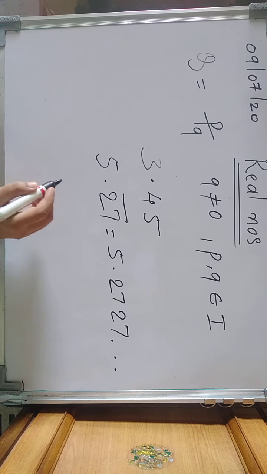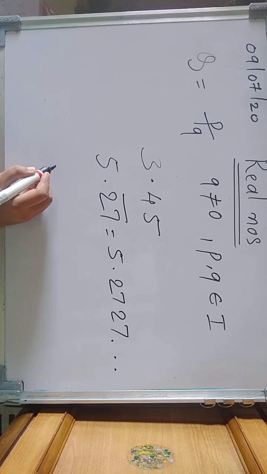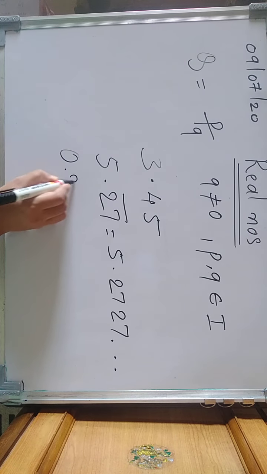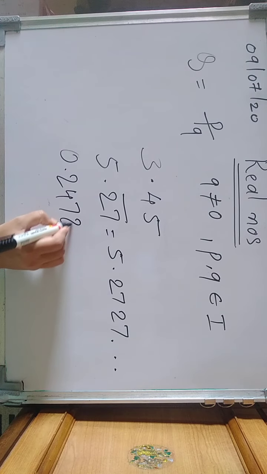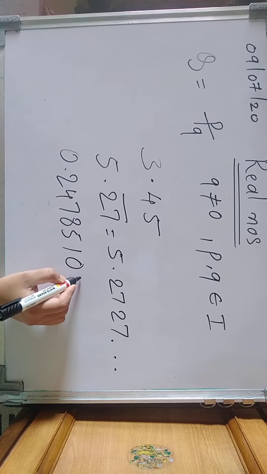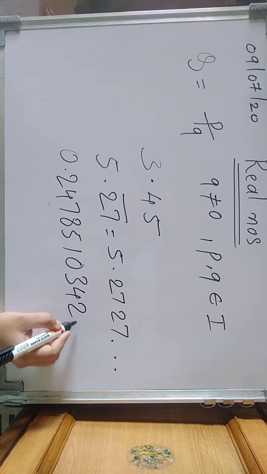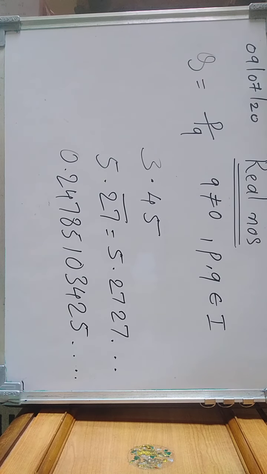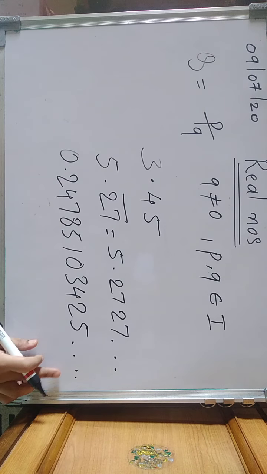And then we have also learned about non-terminating non-recurring numbers, which look like, for example, 0.24785103425 and so on, where there is no particular pattern observed in the repetition of numbers, and the decimal form does not stop.